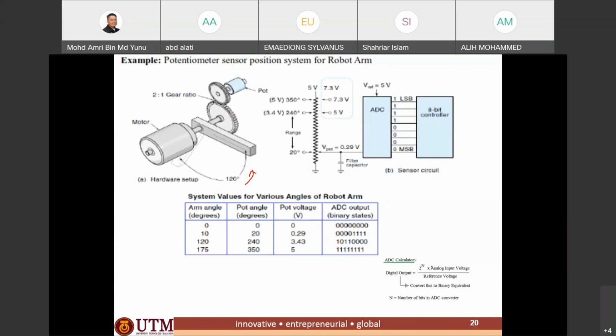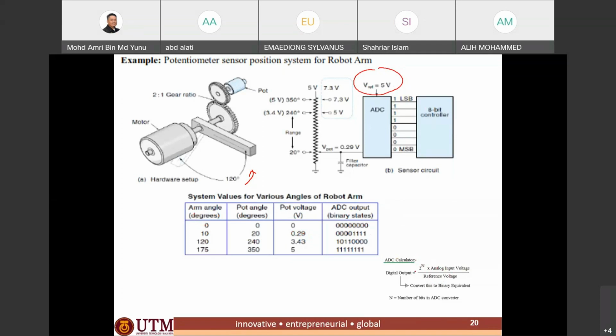The calculation of the ADC output is based on the formula we covered in the previous class: 2 to the power of n multiplied by the analog input, divided by the reference voltage. The reference voltage is 5 volts, and the analog input for a 10 degree change of the arm angle is 0.29.